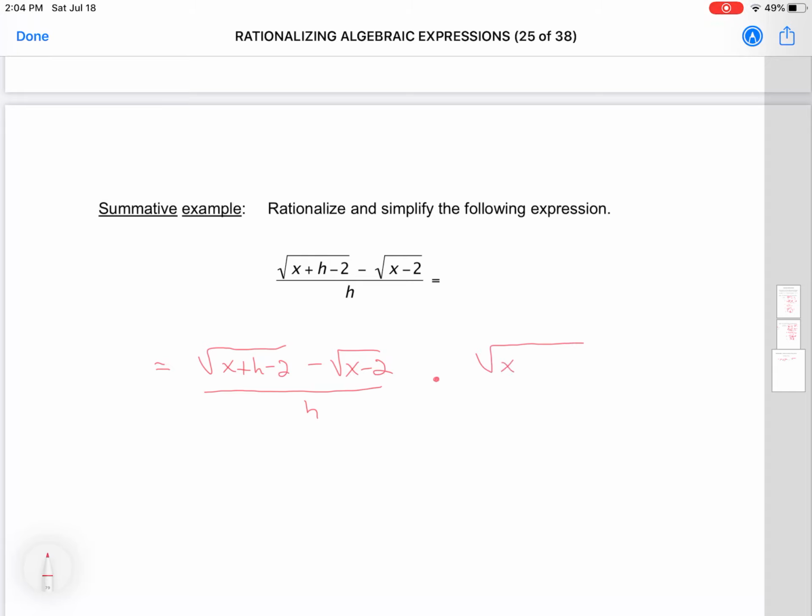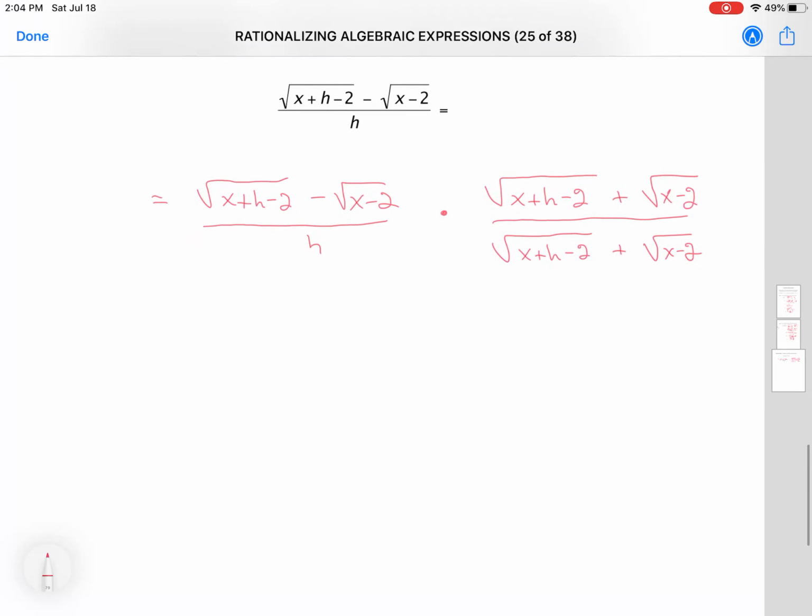And we're going to multiply this with the very same thing. We don't change the signs inside the root, right? We only change the middle sign between the two terms. So this is what we're going to multiply top and bottom with: root of x plus h minus 2 plus the root of x minus 2.